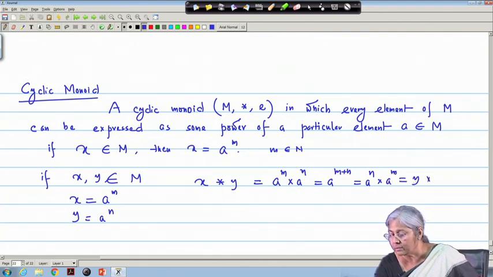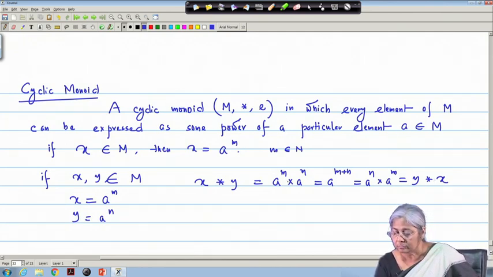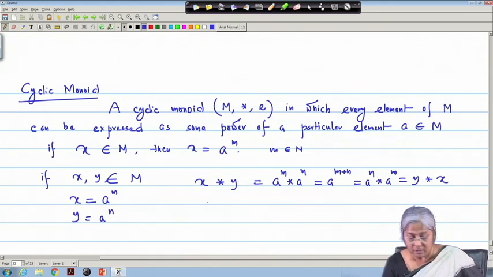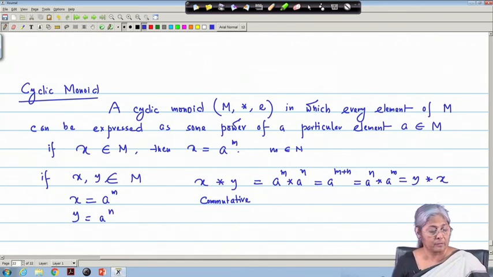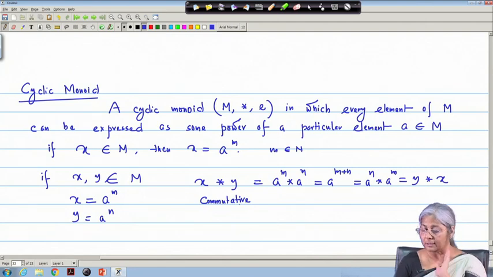This is y star x. This star is the multiplication we are writing. So that means it is commutative in nature. X star y gives y star x. It is commutative. Now, we see this is a cyclic monoid.